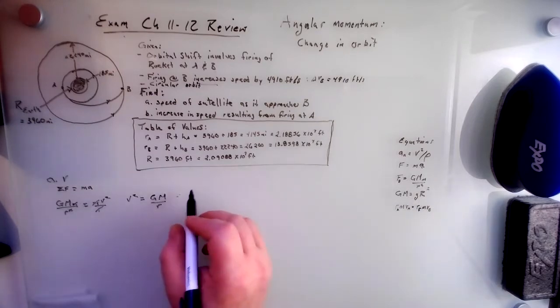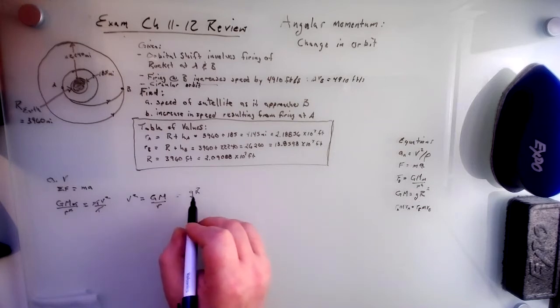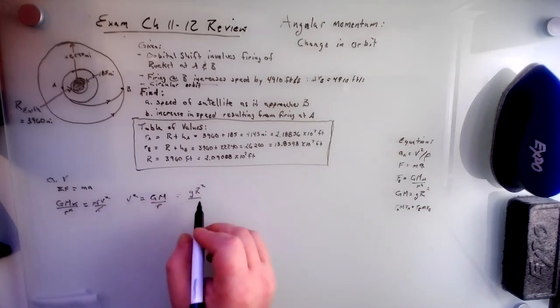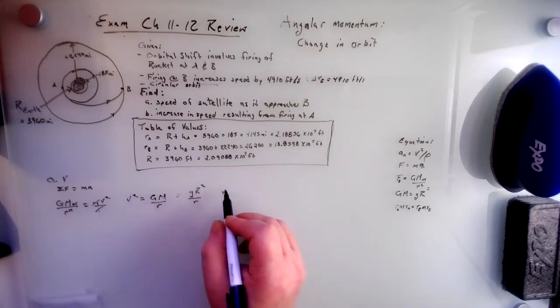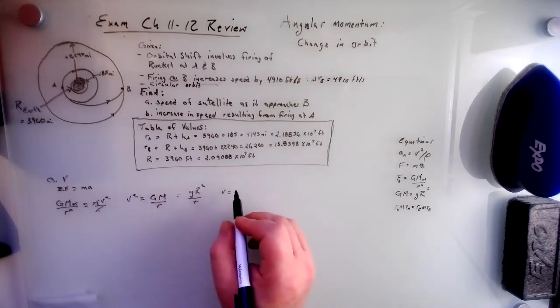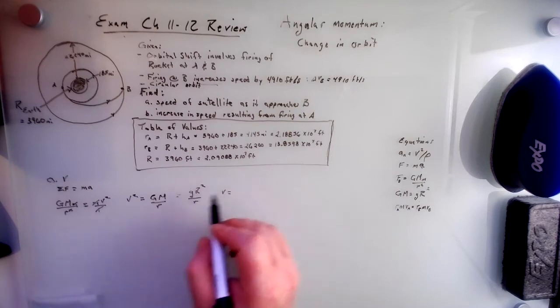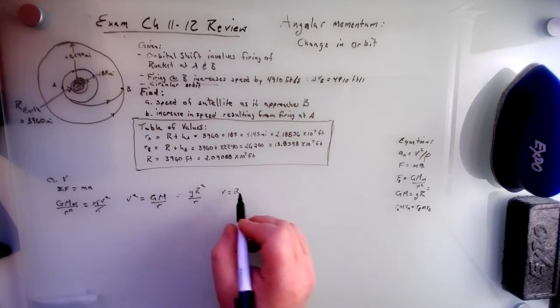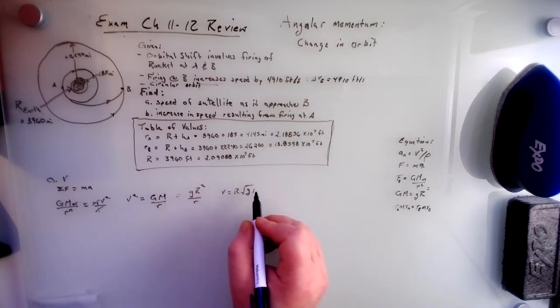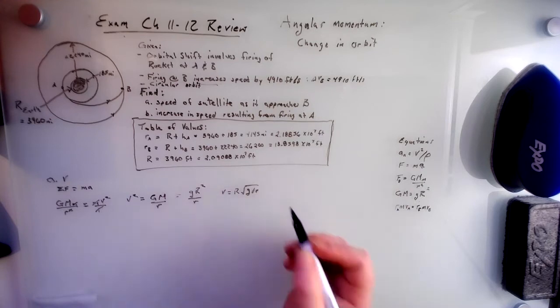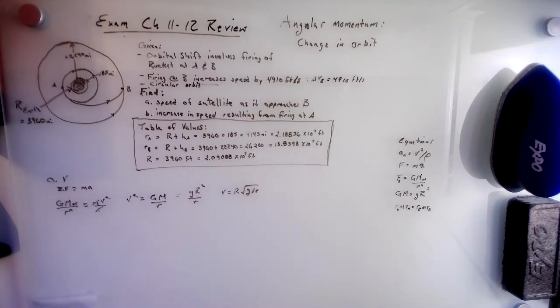That gives us G R squared over little r. When we solve this for V, we bring big R out: V equals R times the square root of G over little r. It looks super compact, and in fact, it is.